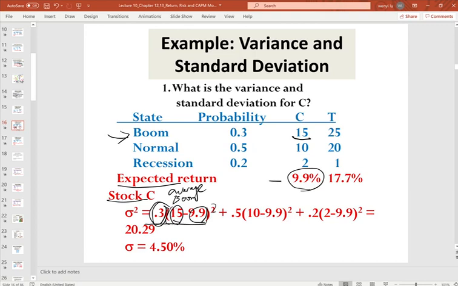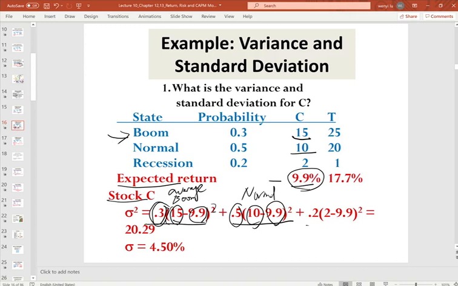Then for the normal state, we use the probability for the normal state times the normal state return minus expected return.